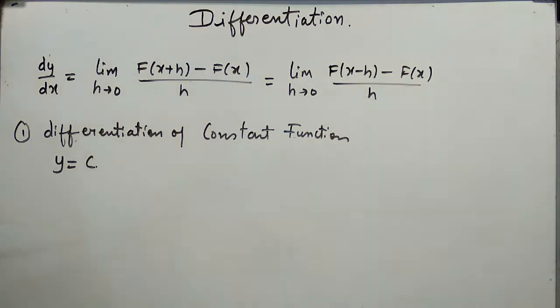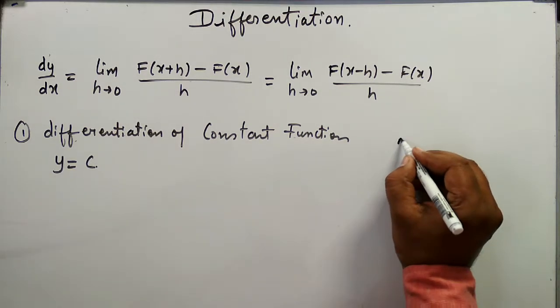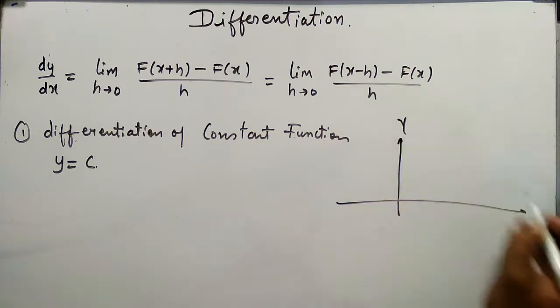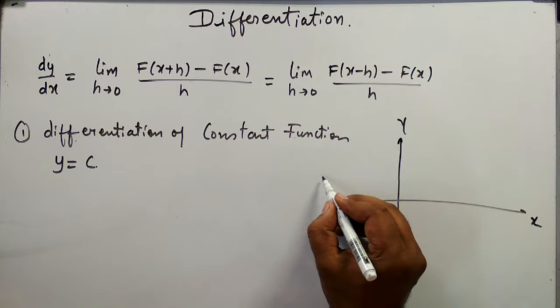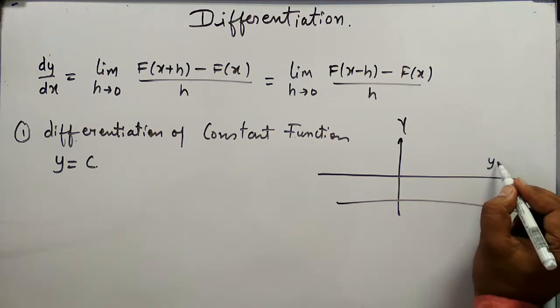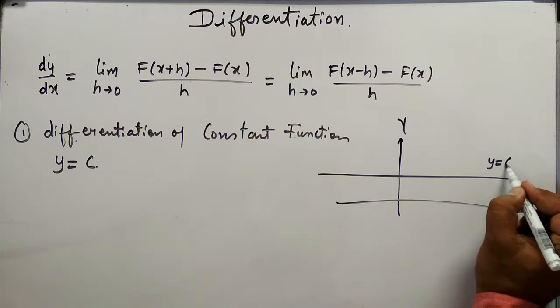First we are going to find out the differentiation of a constant function. If we draw the graph of a constant function, this is y and this is x, so the graph of a constant function should be like this, y equals c.